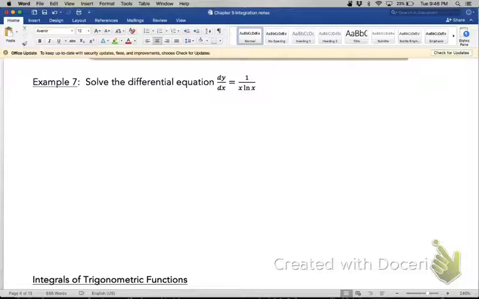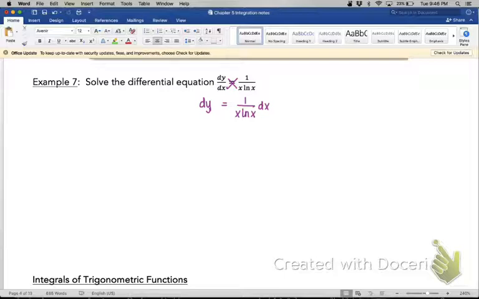But here's how you're going to solve a differential equation. What we'll do to start is to cross multiply. So we end up with dy is equal to 1 over x times the natural log of x dx, because we multiplied by dx on that side.